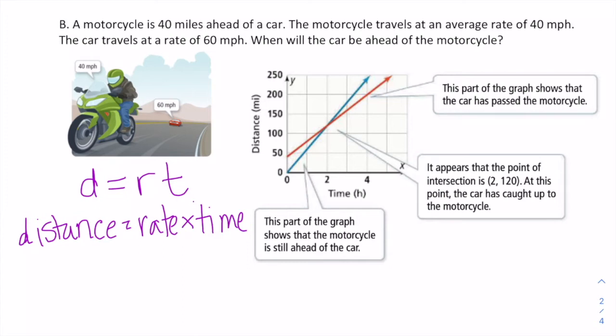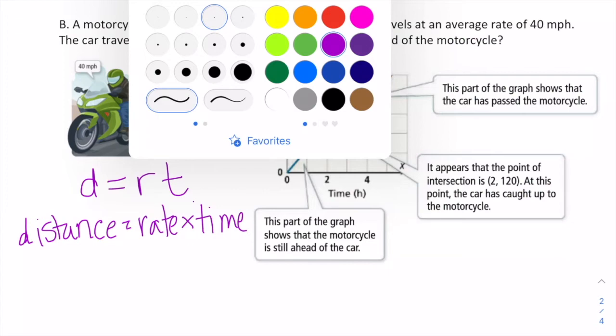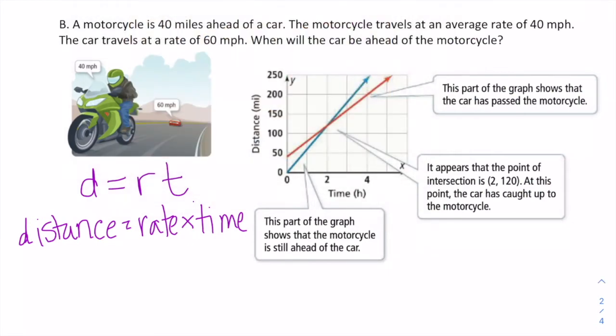So we're used to seeing the rate as speed. So we have two different things going on. We have the motorcyclist, and then we have the car. When we look at this one, you can see that the motorcyclist is 40 miles ahead. So that motorcycle is going to start 40 miles ahead. So 40 is the y-intercept, or the start.